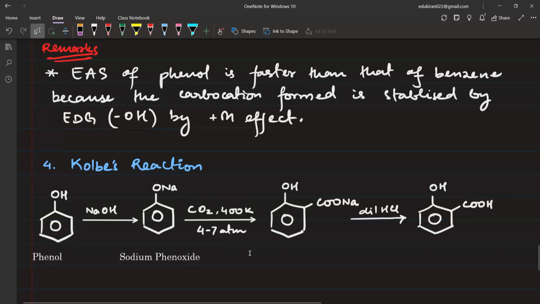And this will be sodium salicylate, and this is salicylic acid. Salicylic acid, no? Salicylic acid.